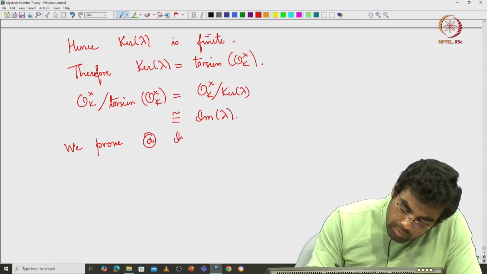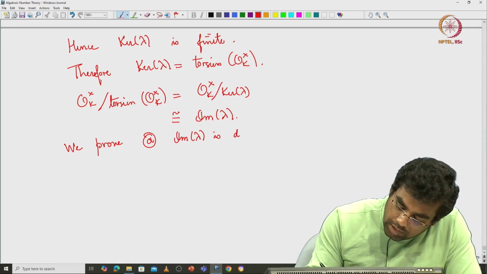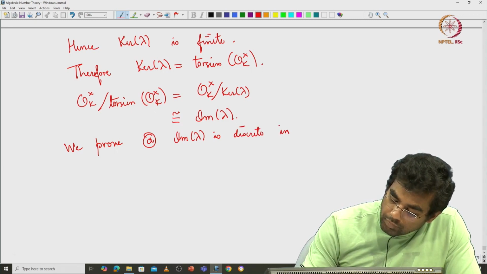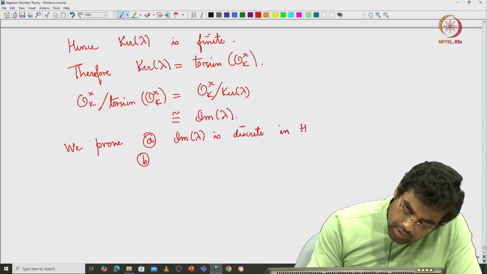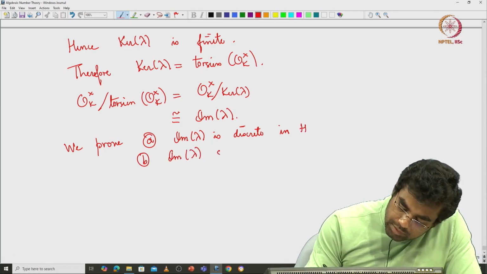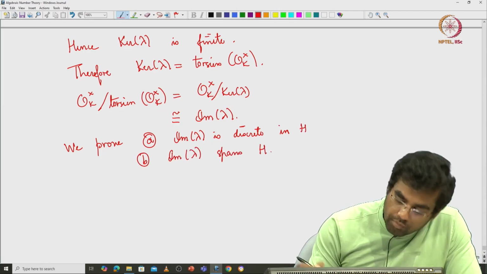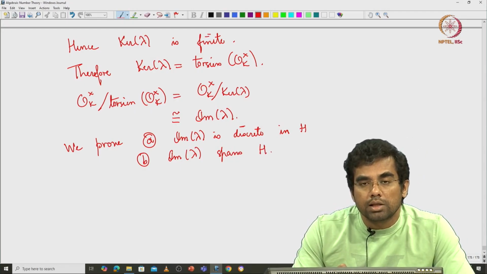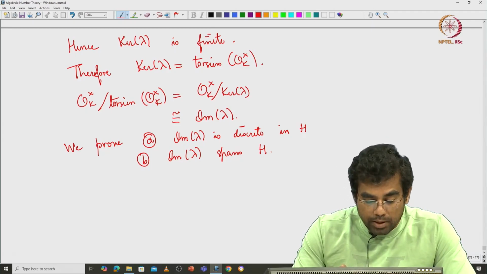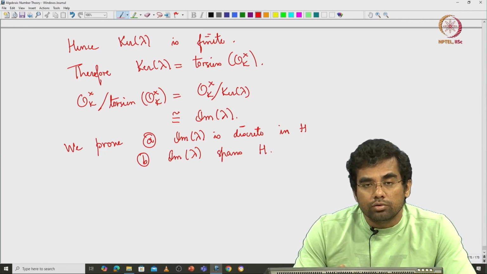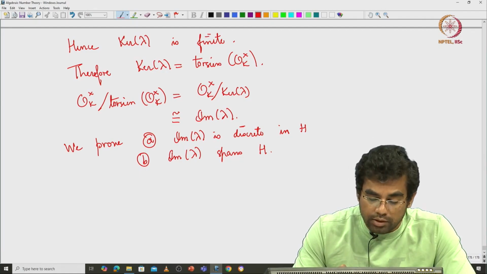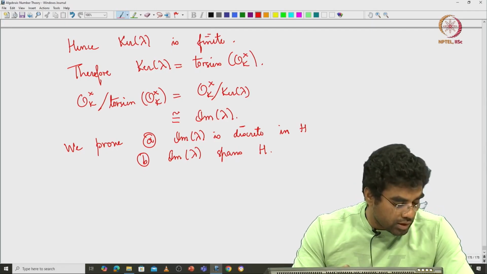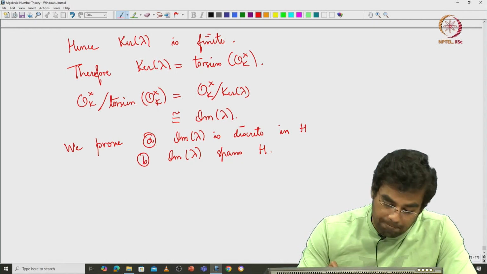A: the image of lambda is discrete in H, and B: the image of lambda spans H. These two things together will imply that the image of lambda is a lattice in H. We had these three properties of a lattice and we said very early on in this course that any two of them imply the third one, and these are two of those properties. So, it suffices to prove these two properties.